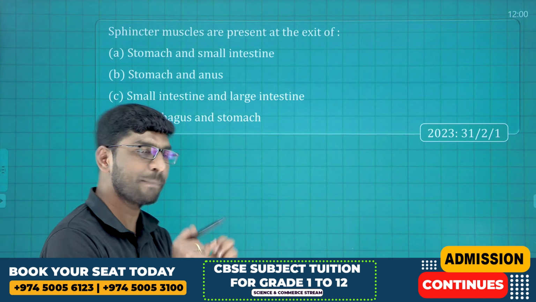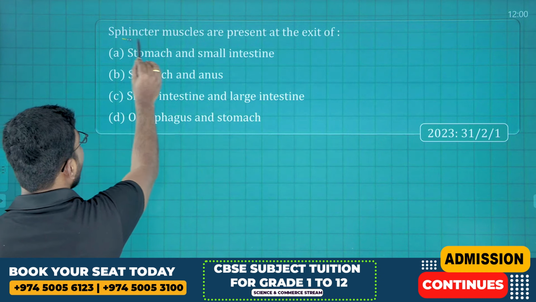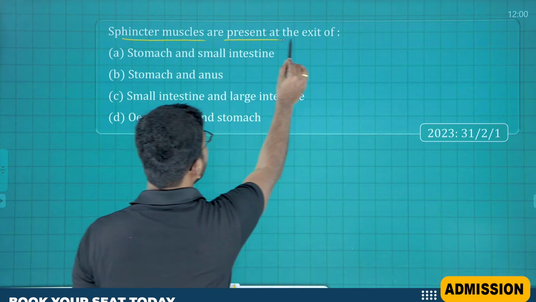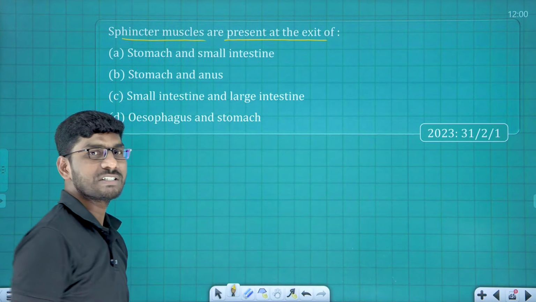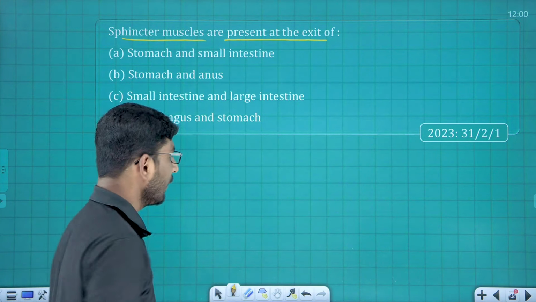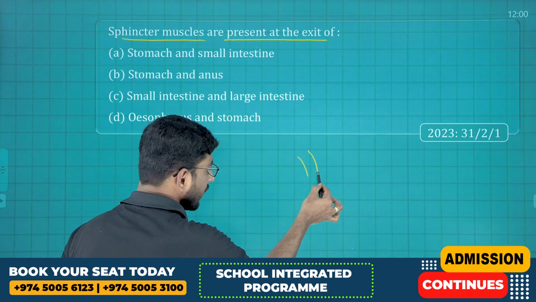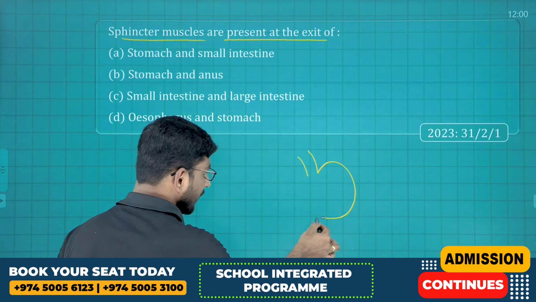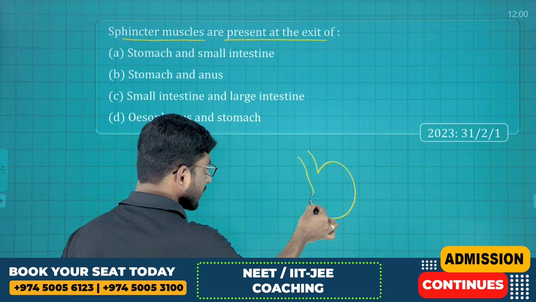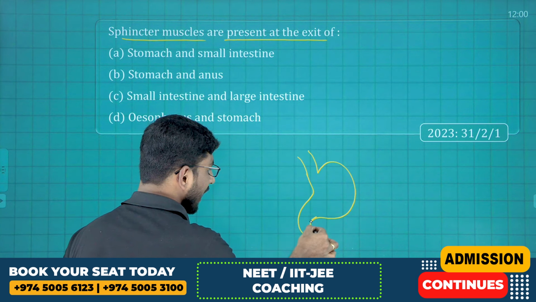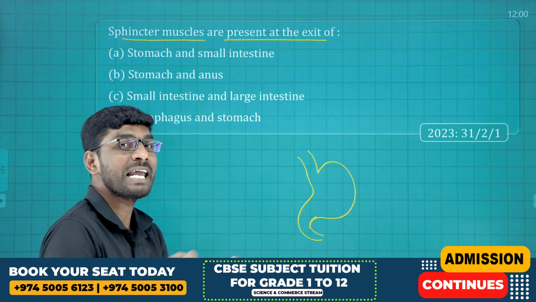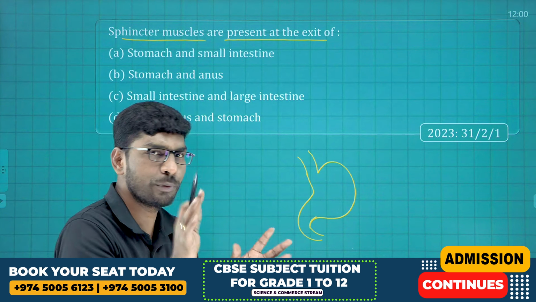2023, from the same Life Processes chapter. Sphincter muscles are present at the exit of what? If you closely look at it, this is the esophagus, and this is the stomach. There are two sphincters: pyloric and cardiac, but the names are not given in NCERT, so we don't need them.